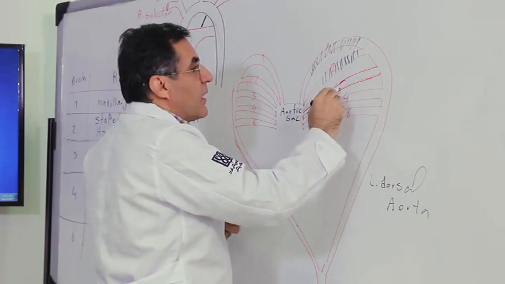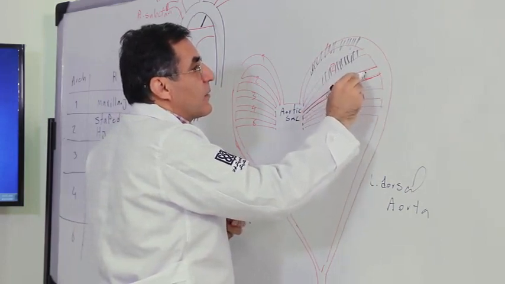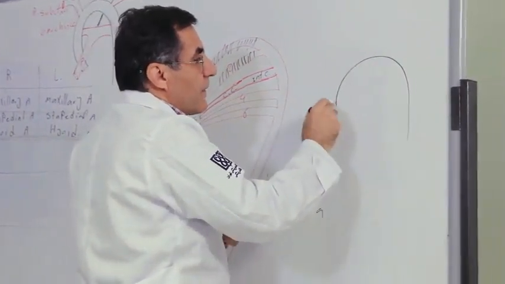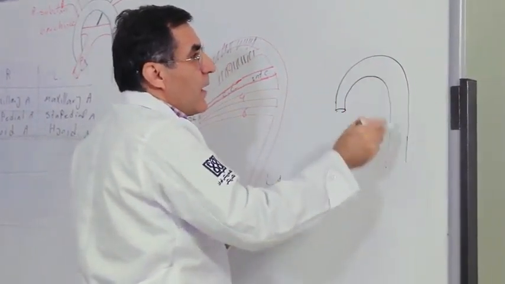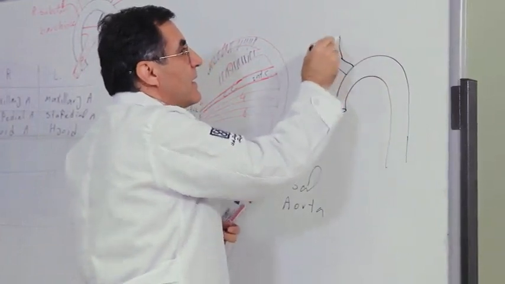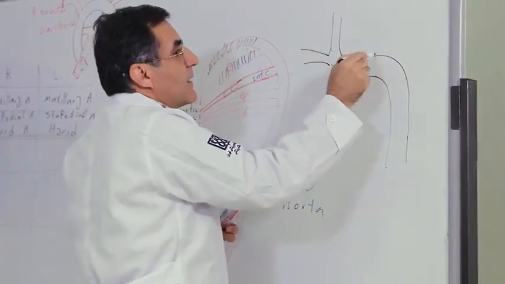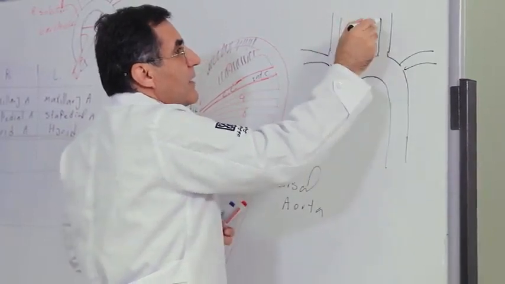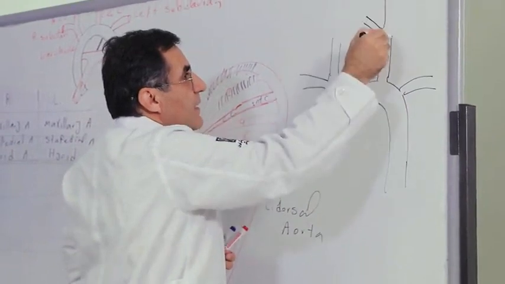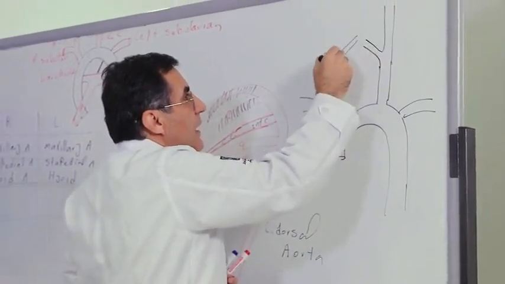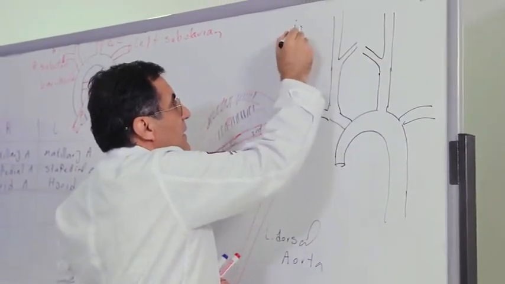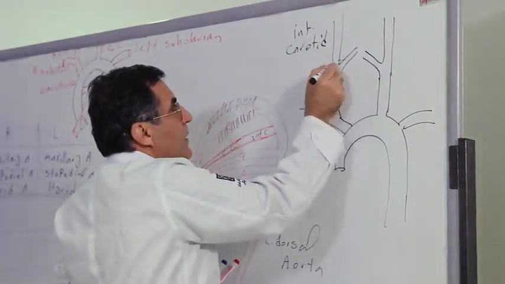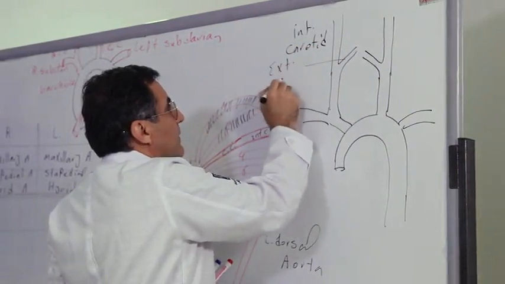Here is the common carotid and here is the proximal part of the internal carotid, because as you know this is the arc of aorta. This is a common carotid, left and right. After a short distance we have an external and internal carotid on both sides. This is the internal carotid, and this one is the external carotid.